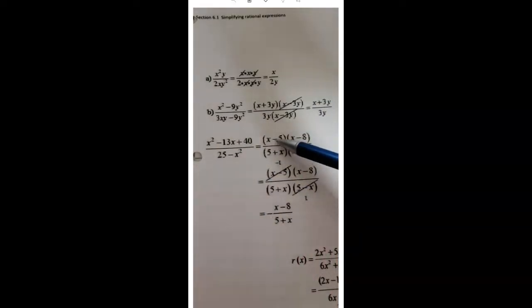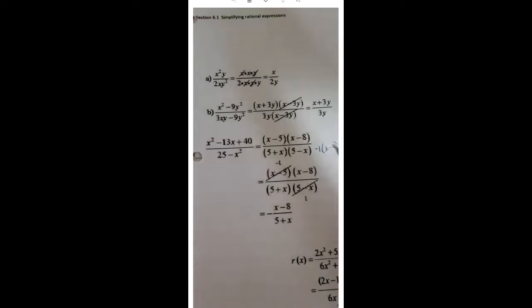And I would love to be able to cross this one off with this one, except this one has a positive x and this one has a negative x. This one has a negative 5 and this one has a positive 5. So what we do is we rewrite this one as negative 1 times x minus 5.